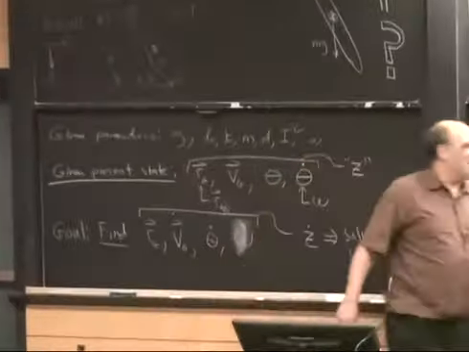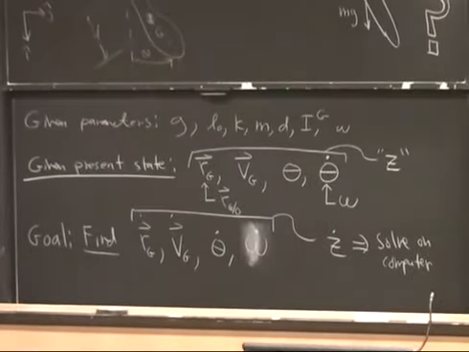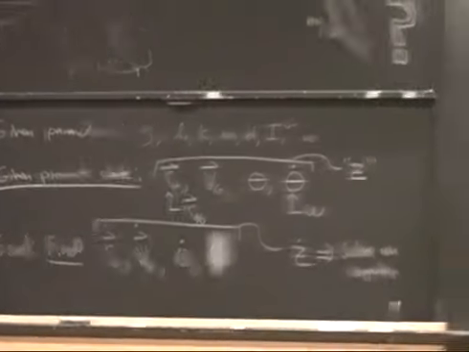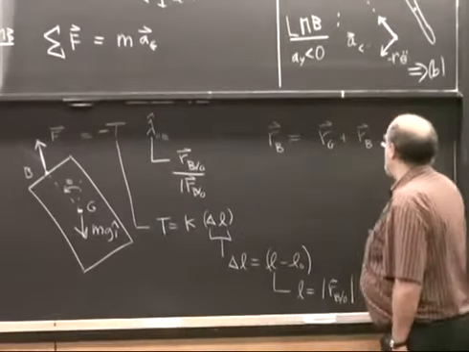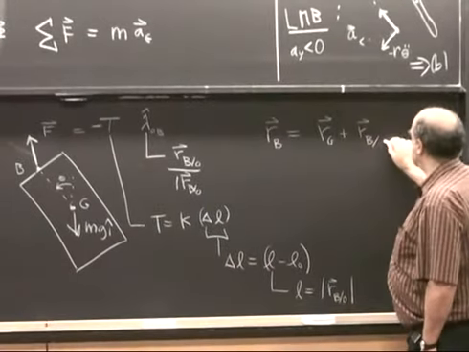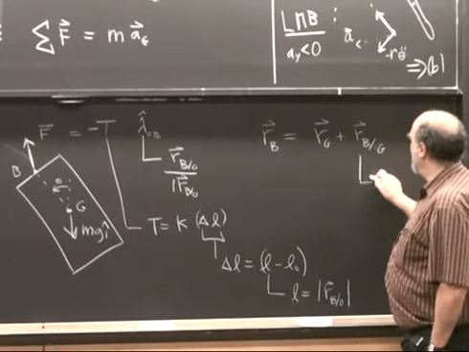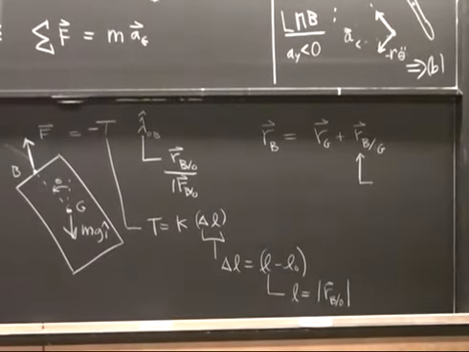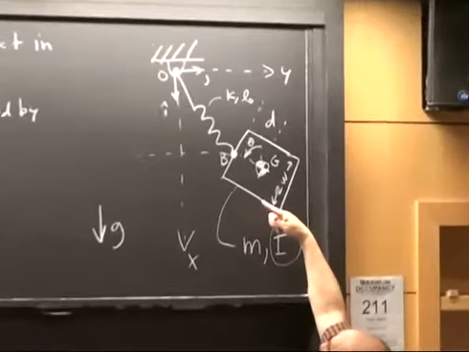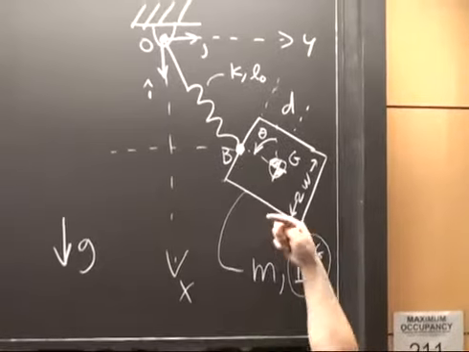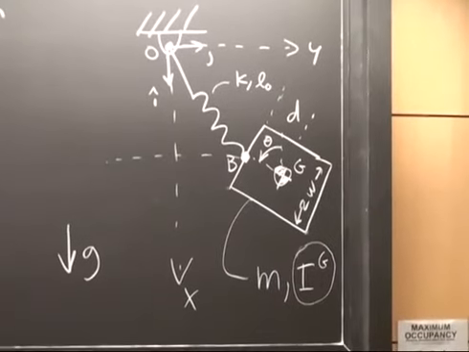Position of G was. So what's the position of B? It's the position of G plus the position of B with respect to G. Then we have another side calculation, which is what's the position of B with respect to G. So now we go back and look at this picture, and we see, oh, it's over there, d sine theta in the minus j direction.